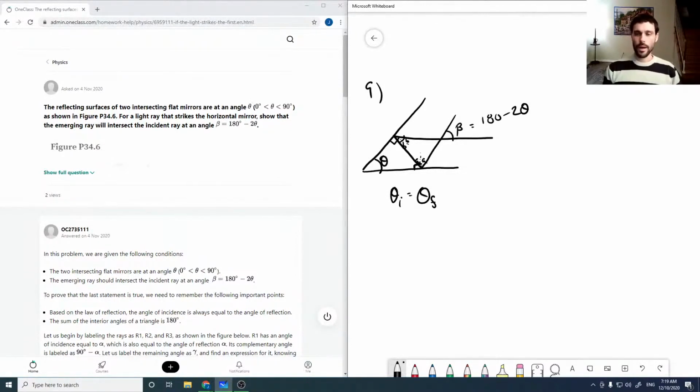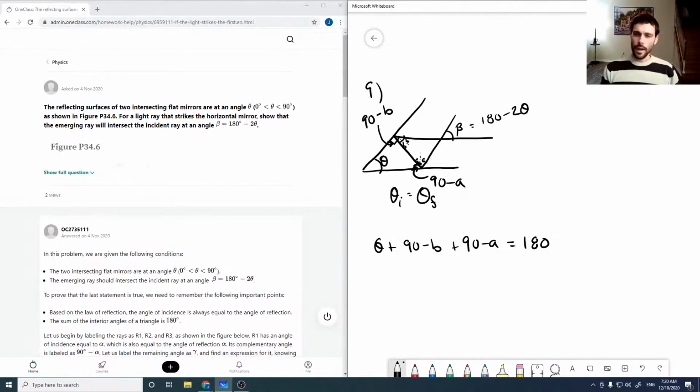And remember that the sum of angles inside a triangle is 180. So that means that this angle here is just 90 minus B. And this angle here is 90 minus A. And that means that theta plus 90 minus B plus 90 minus A is equal to 180.